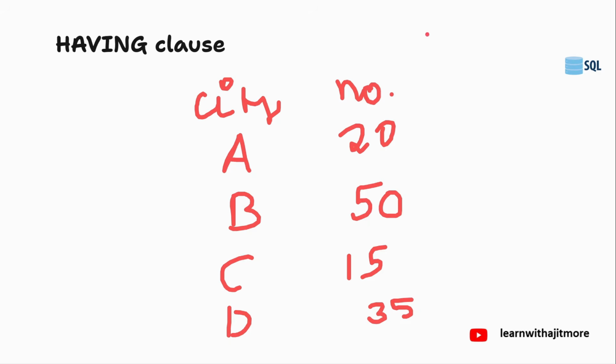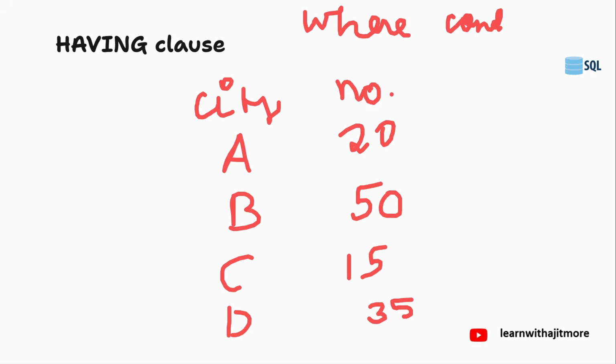So I cannot use where clause, because where clause is used to apply the condition on individual rows, a single row. But if you want to apply condition on the output of the aggregate, then we have to use having clause. In short, you want to filter the output of group by.